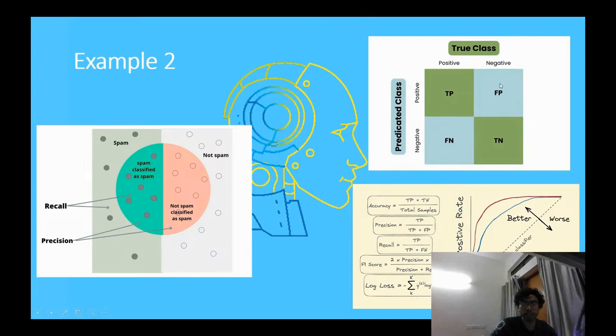Whereas false positives and false negatives are the ones which you have incorrectly tagged. So that's why this is the accuracy. So accuracy is basically the correctly tagged set divided by the total set.